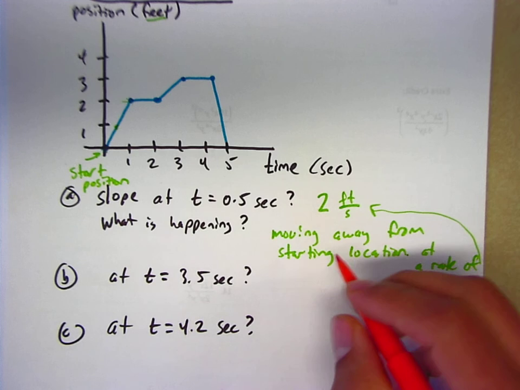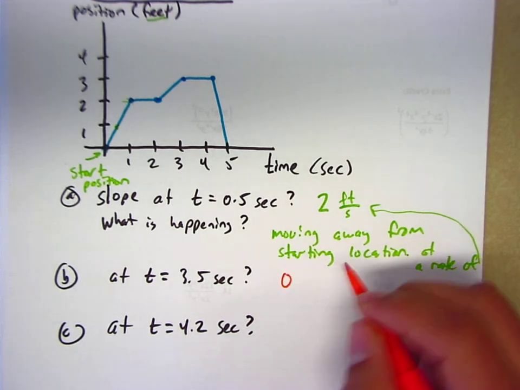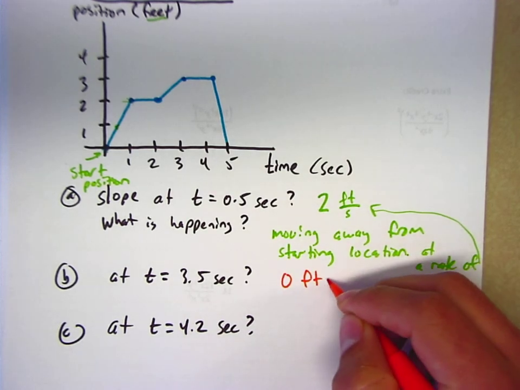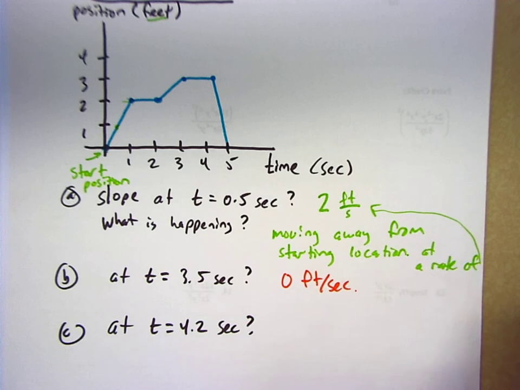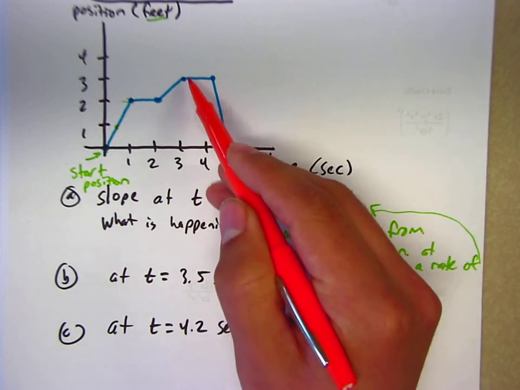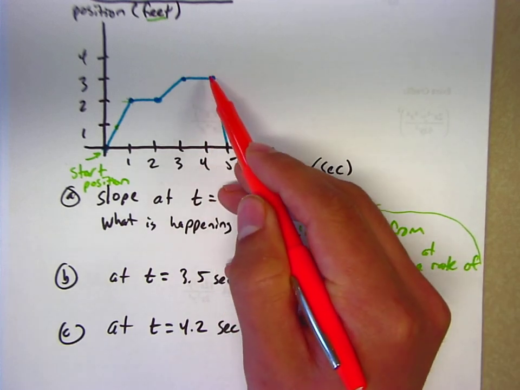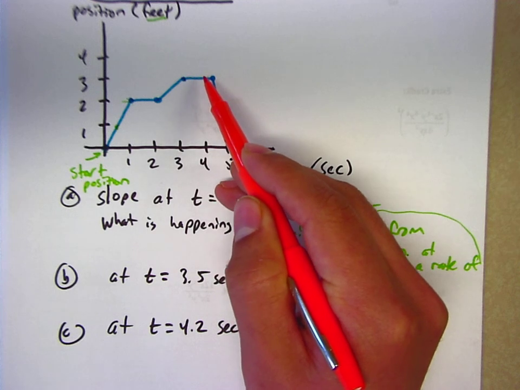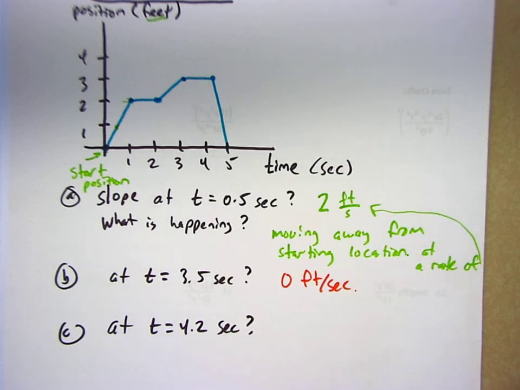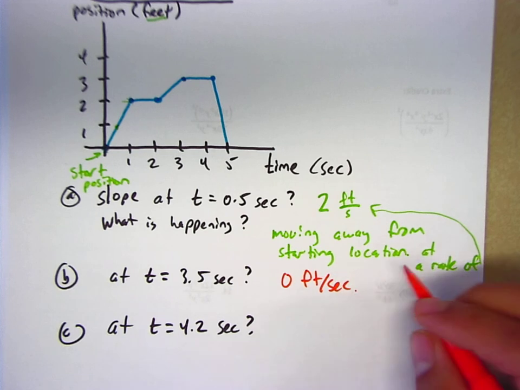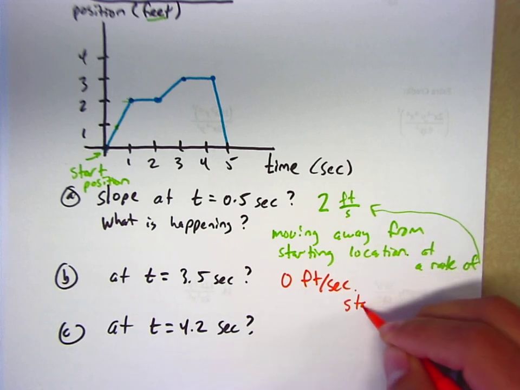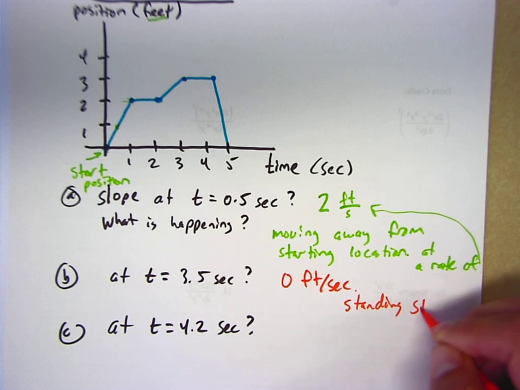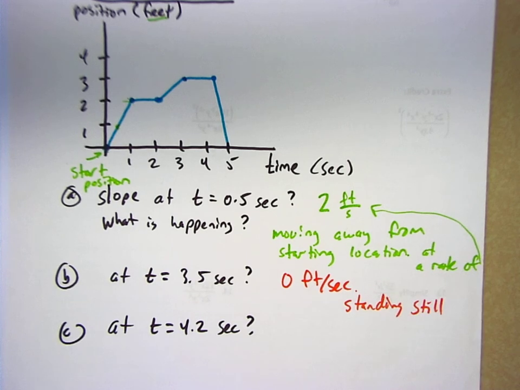Very good. So the slope there is 0 feet per second. And so what's happening then at this time? Are we moving? Correct. We're not moving. We're standing still. Okay.